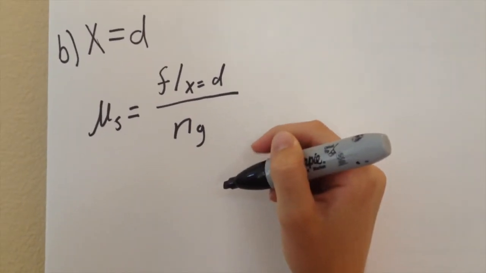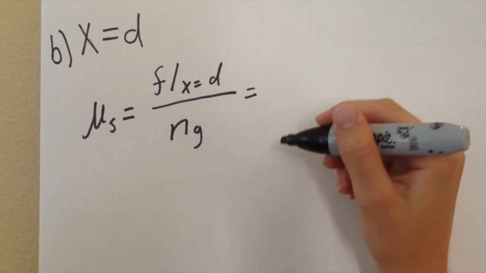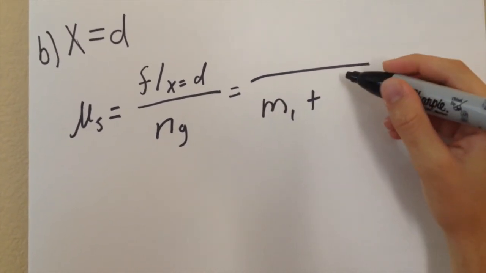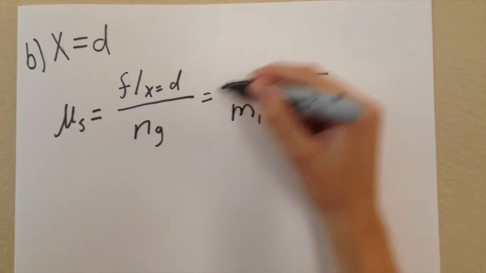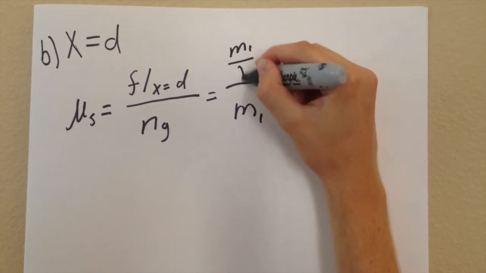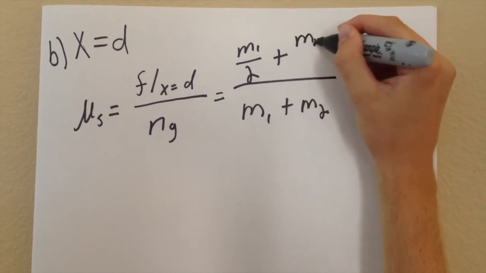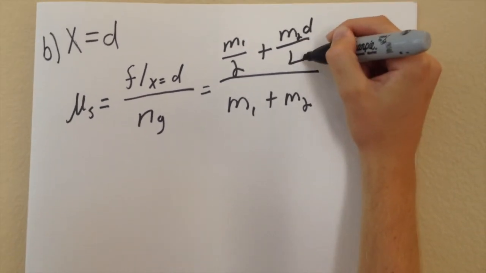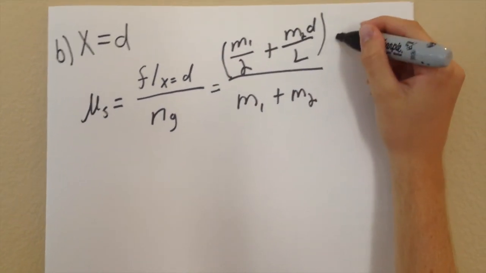When we plug in everything from equation 1, we can find that m1 plus m2 for the normal force of the ground goes under m1 over 2 plus m2 times its new distance over L, the length of the ladder, multiplied by cotangent theta.